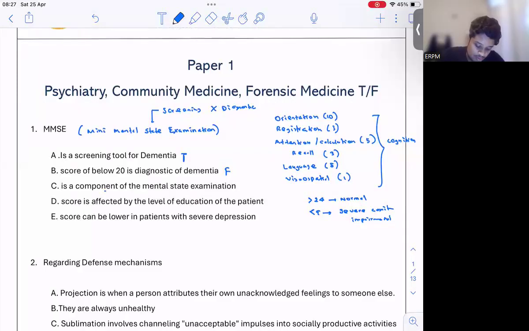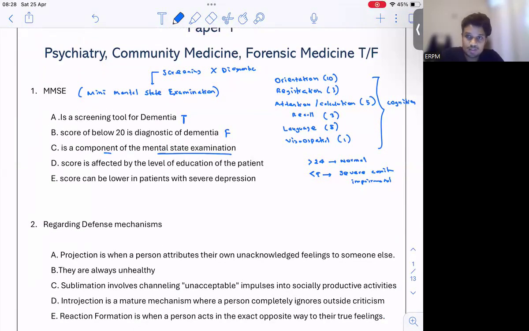Next: it's a component of the mental state examination. Now, you should know the components of the mental state examination. I told you a mnemonic in our theory sessions.